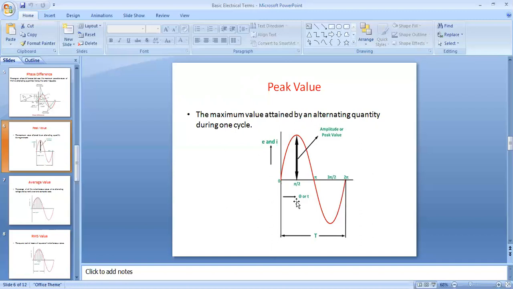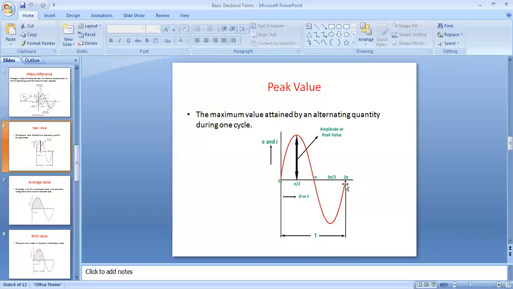Okay. Here on x-axis time is there, and on y-axis E and I, that means E for voltage and I for current is taken. So on y-axis there are electrical quantities, and on x-axis time is taken, mentioned here by t, and 2 pi is 360 electrical degrees.